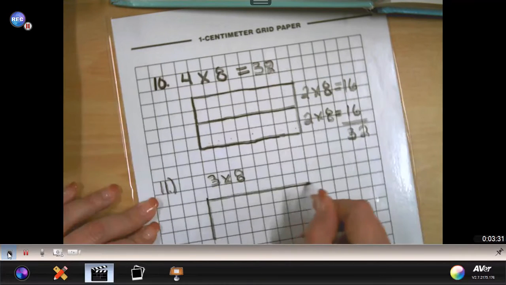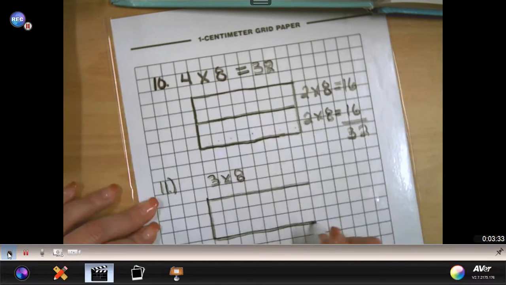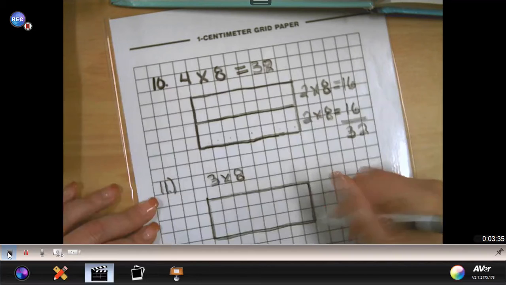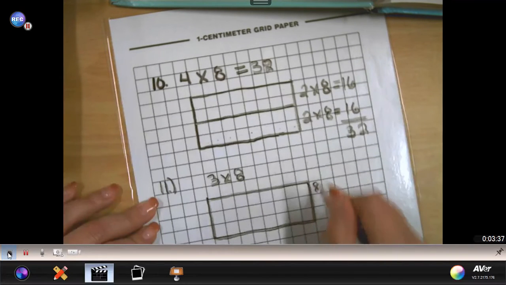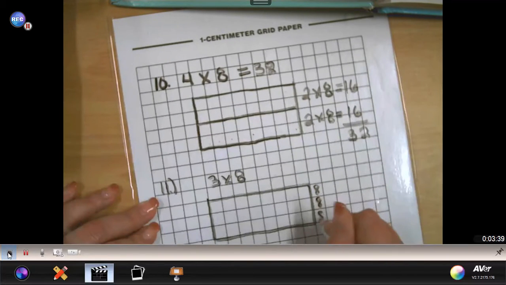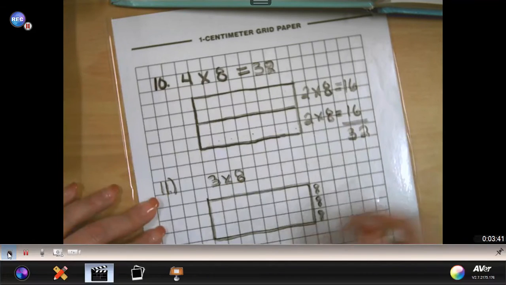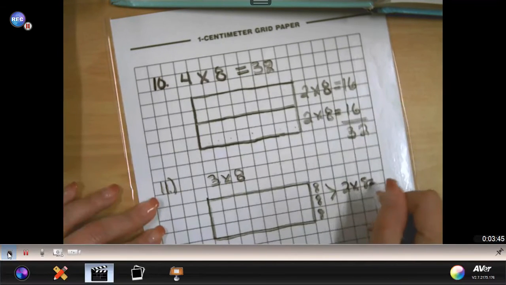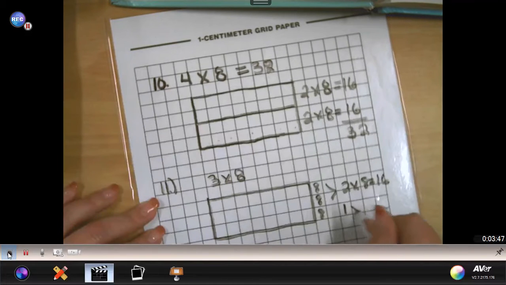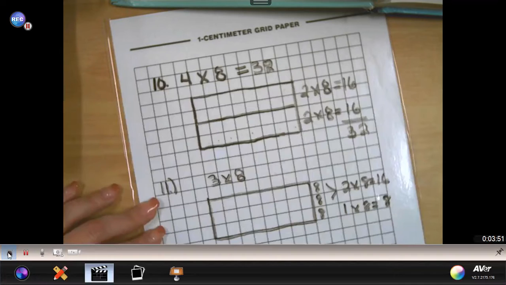And if I know 2 times 8, which is 16, I could add another group of 8 because this is 8 plus 8 plus 8, right? And 2 times 8 is 16. And 1 times 8 is, of course, 8, because I only have 1 row of 8.